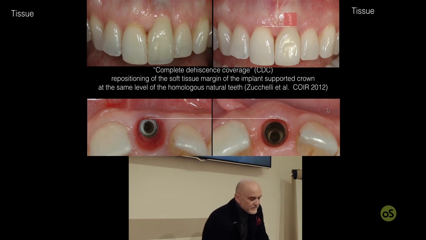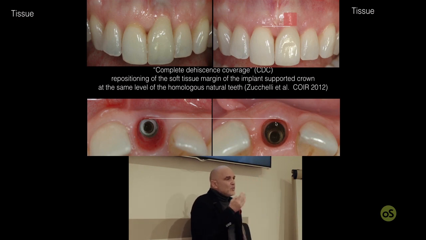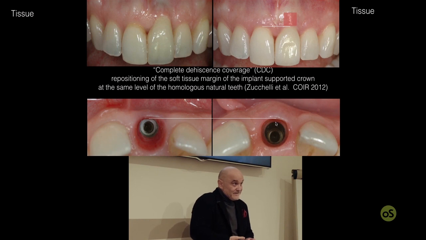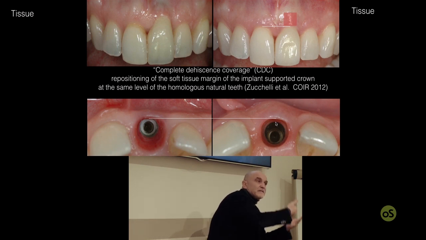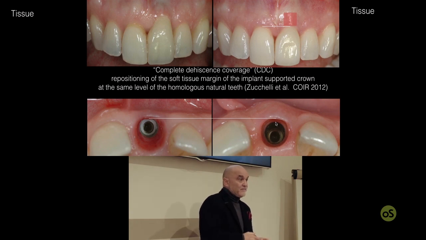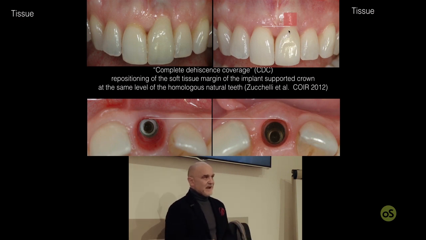So the soft tissue that we will use to cover the crown, to cover the abutment, cannot attach to anything. While the soft tissue that is covering the root can be attached to the root if you apply root planing, EDTA, and amelogenins. The soft tissue we will use to cover the implant crown cannot be attached to anything below.